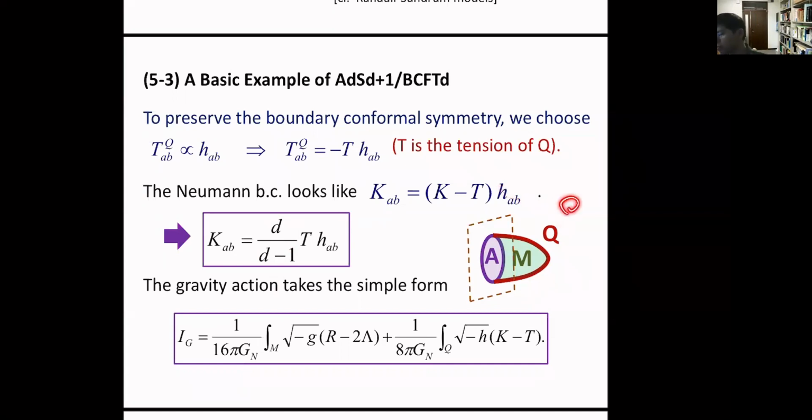Sometimes you put a scalar field to calculate a scalar operator two-point function. In the same way, you can put some scalar field on Q. And the idea of energy scale is the same, right? If we put some scalar field in the classical way, then it's just the supergravity approximation, as in the bulk theory. Does this answer the question? Even if we have a boundary, it is the same as the bulk calculation.